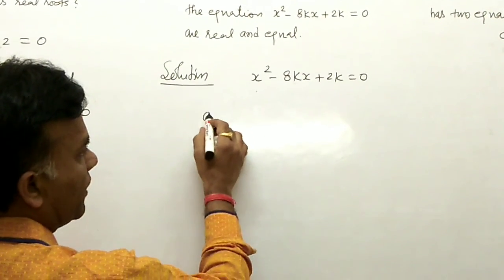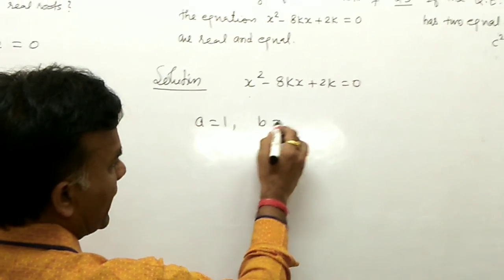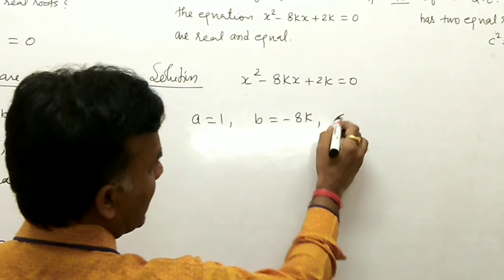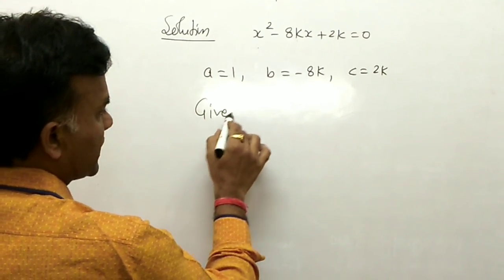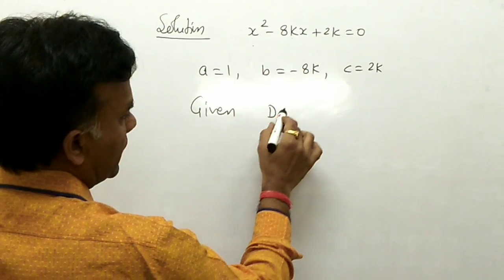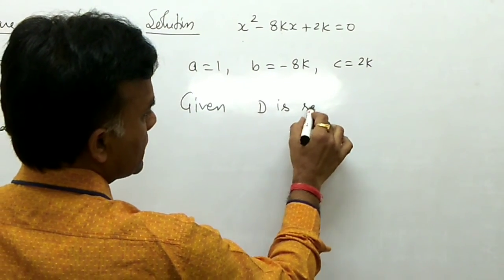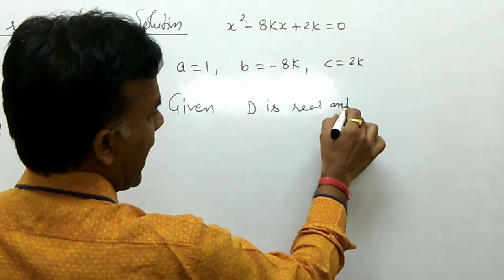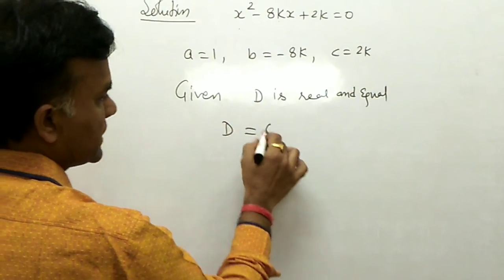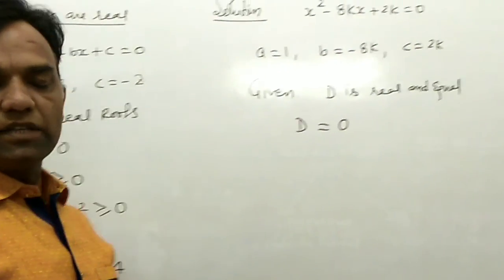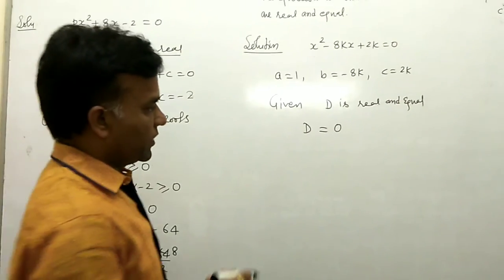Then find the value of a, that is 1, the value of b, minus 8k, and the value of c, 2k. The given condition is for the discriminant D to be real and equal. It means D is 0, because the basic condition for real and equal is D is 0.